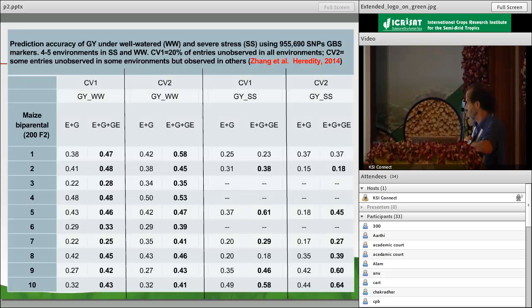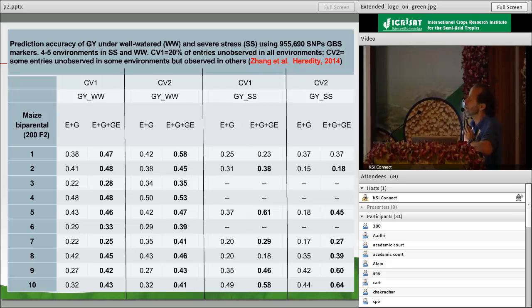I'd like to show this data set in maize, which comes from the testing of biparental populations. We have the 10 biparental populations that CIMMYT runs in Africa. And these are the predictions of grain yield under well-watered conditions and under stress conditions. We have two prediction problems. This is one prediction problem. This is another prediction problem. We have the main effect model, and this is the main effect with interaction.